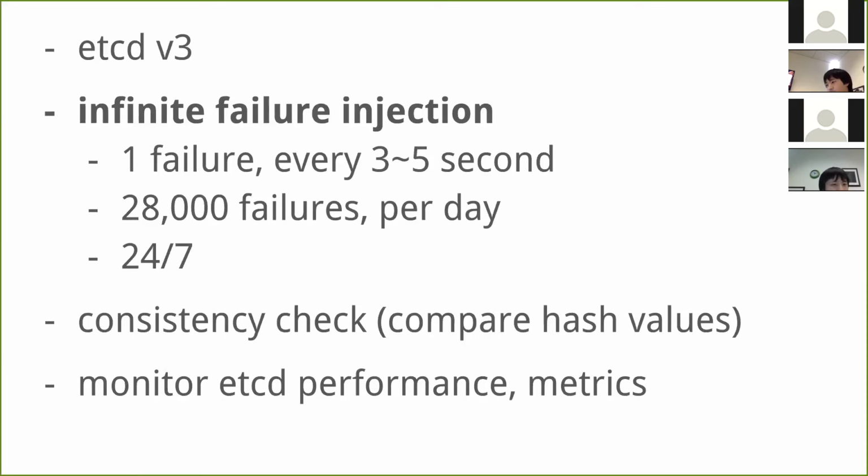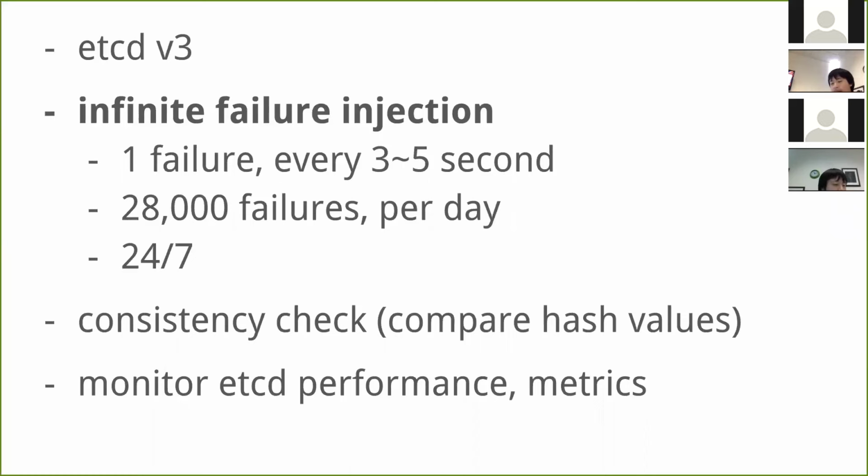We inject failures every 3 or 5 seconds. If you look at the number, it's a lot of failures, almost 30K failures per day, and we run this testing cluster 24/7. We also want to make sure not just that there are no panics or errors from etcd, but that etcd keeps the data consistent.